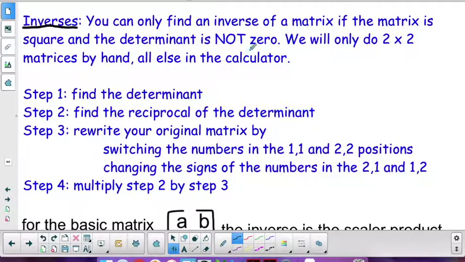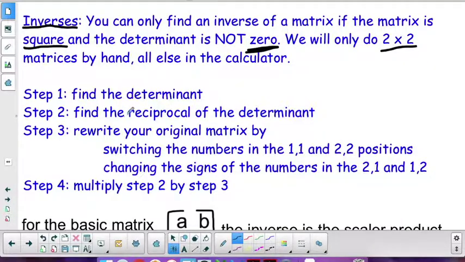So if the determinant of your matrix is 0, then there is no inverse at all. And again, you will do 2 by 2s by hand. Anything bigger than that will be in a calculator. And you also have to make sure it is a square matrix, meaning that the rows and the columns are the exact same number. So 2 by 2, 3 by 3, 4 by 4, that kind of thing.